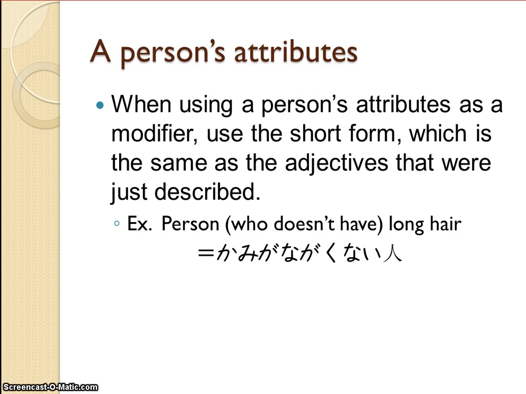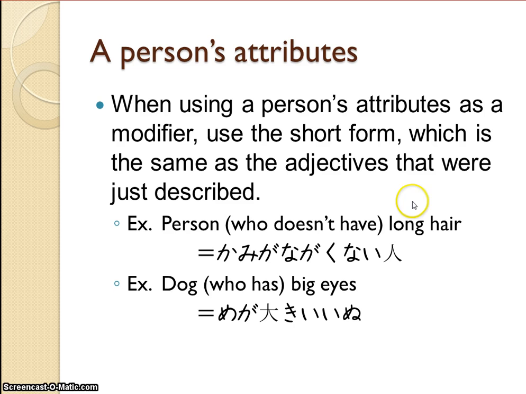A person's attributes, once again, you're using an adjective at the end, so it's not that much different from the adjective conjugation. Go through these slides very slowly if you feel like you need a refresher. But if not, it's very simple. Just make sure you conjugate correctly, and you know how to conjugate the adjectives in the past and the present.